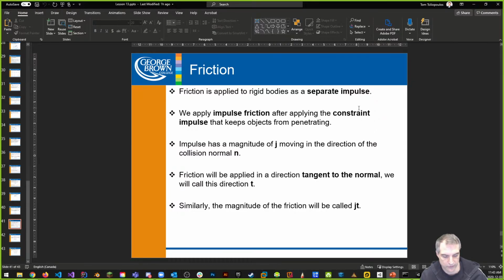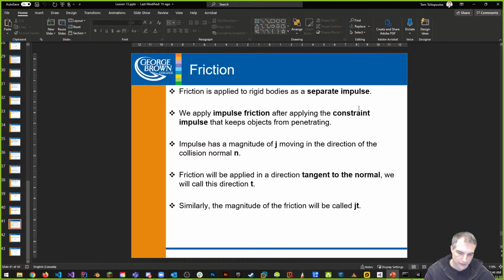Constraint impulse would be something like that backtracking, that time traveling, where I move an object back out of the interpenetrating situation where I have an overlap. I don't want an overlap, I want to pull them back out to the point of contact. That's the constraint impulse. And then I want to apply the impulse friction after that.